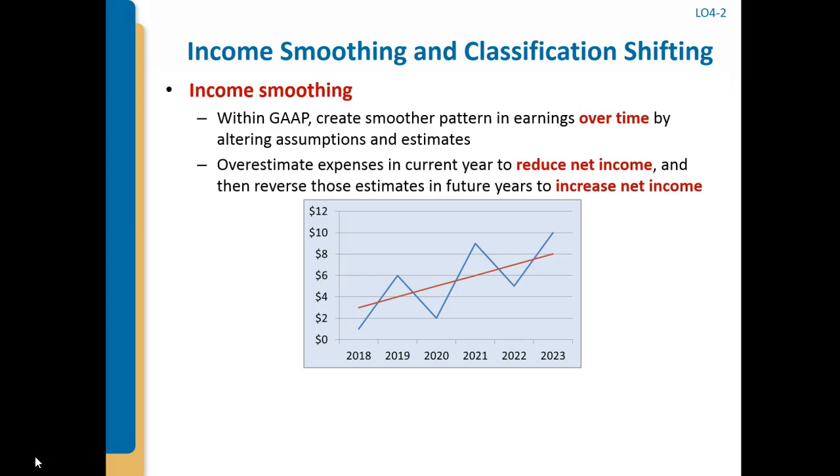An often debated contention is that within GAAP, managers have the power to change reported income by altering assumptions and estimates. And these estimates are not always in the direction of higher income. Survey evidence suggests managers often alter income upwards in one year and then downwards in other years.